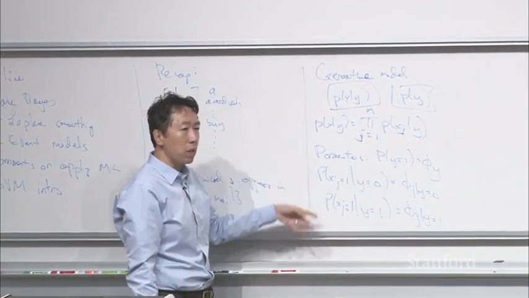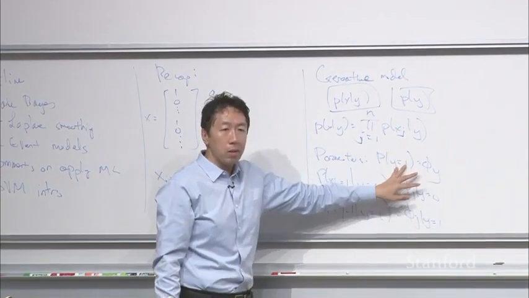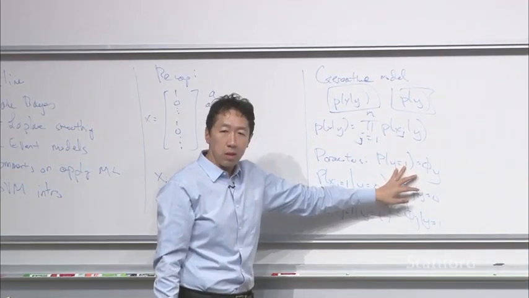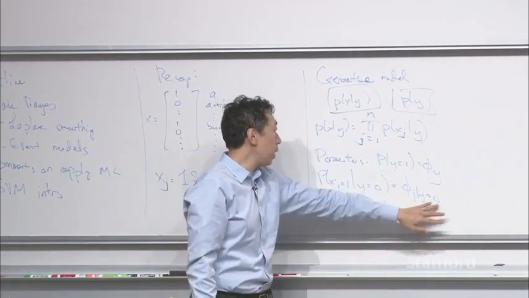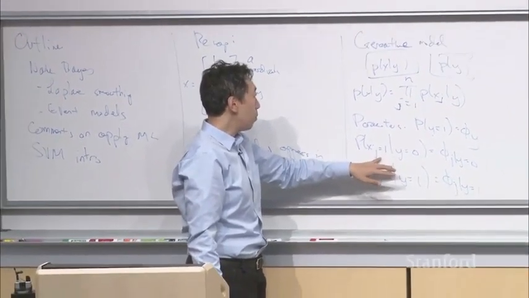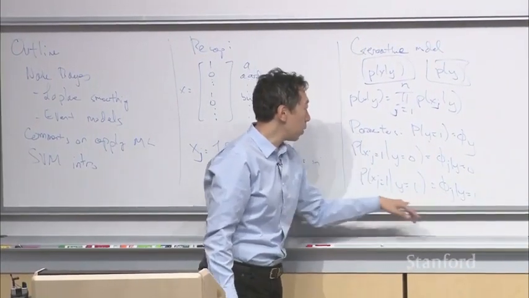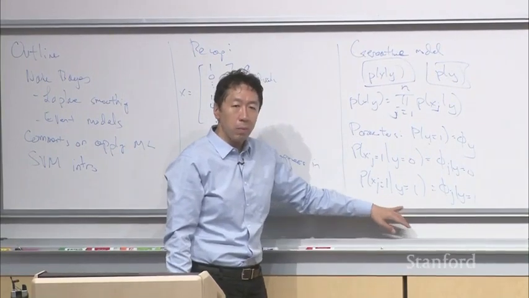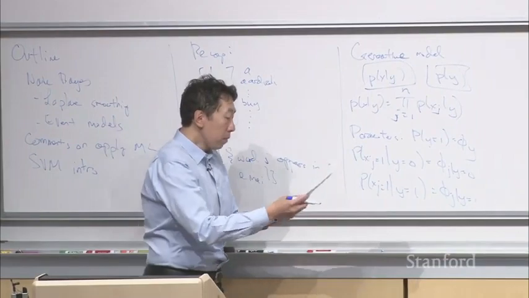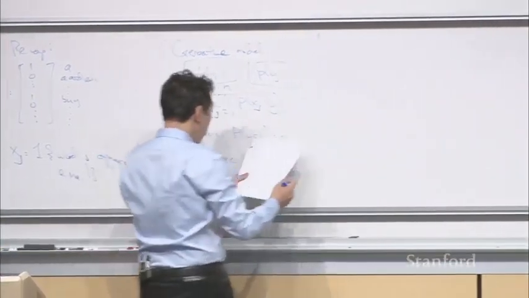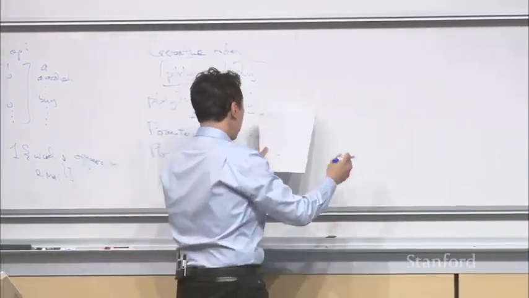And so the parameters of the naive Bayes model are phi subscript y, the class prior. What's the chance that y is equal to 1 before you've seen any features? As well as phi subscript j given y equals 0, which is the chance of that word appearing in a non-spam, as well as phi subscript j given y equals 1, which is the chance of that word appearing in spam email.